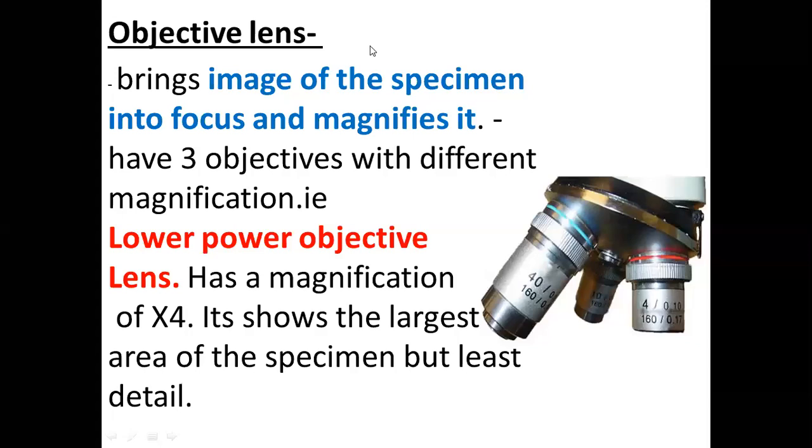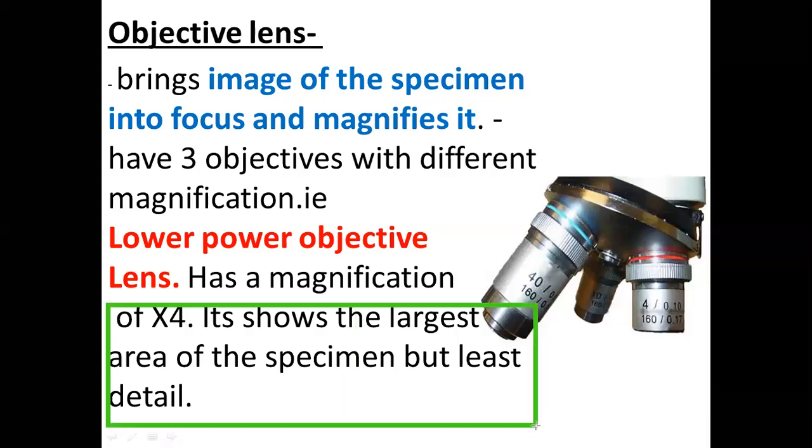Anytime you are using ×4, with either ×10 or ×15 up there, this is the time you're going to see the largest area of the specimen, or the widest field of view, if I may put it that way.